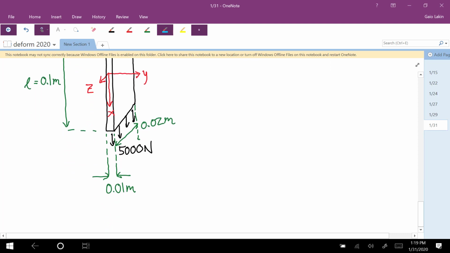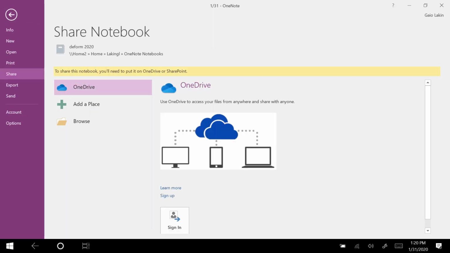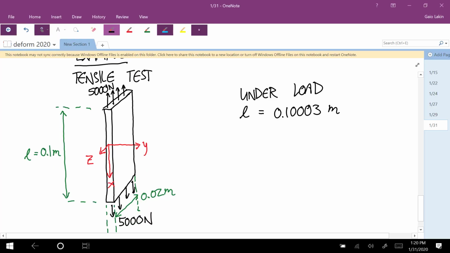And I'm going to call this the width, W. Since we're stretching along the x-axis, along the y-axis, it's going to get smaller. So this is 0.00, and then 4 nines and a 2.